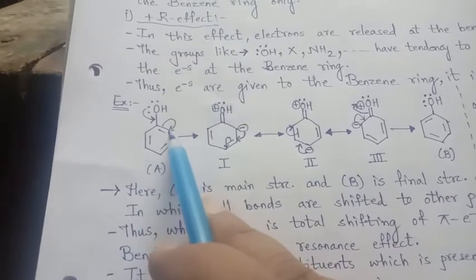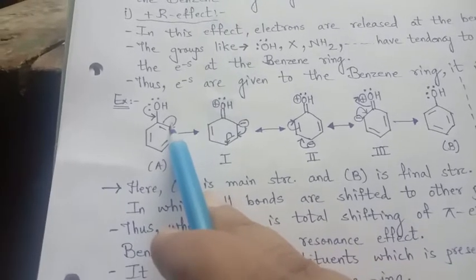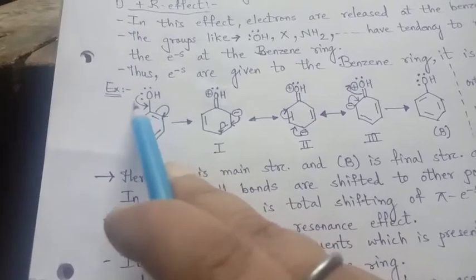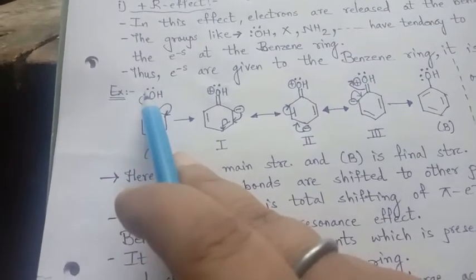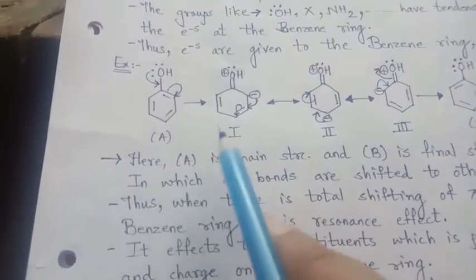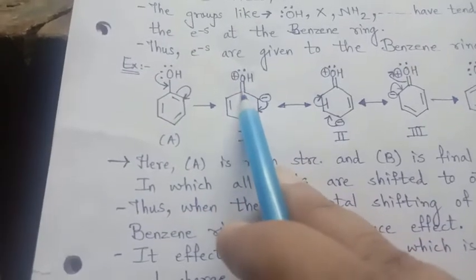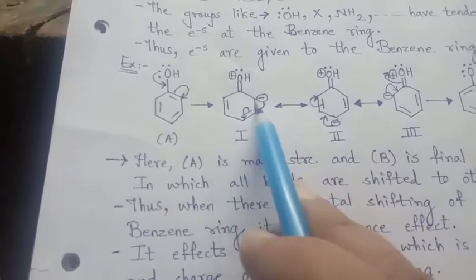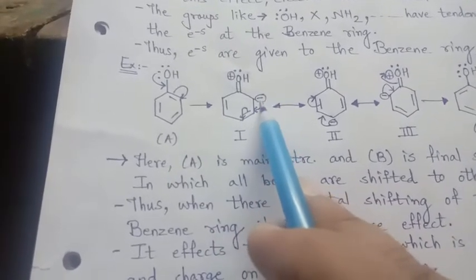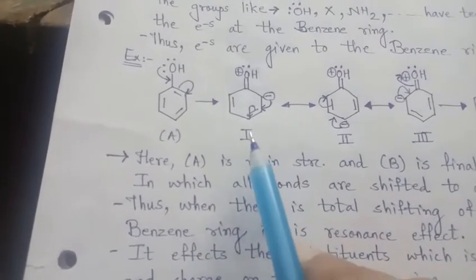Then this carbon acquires a negative charge because it is gaining the electrons. And this oxygen will take a positive charge because it has already donated the electron pair. So see here what takes place: positive charge, the electron pair is converted to a bond, and this carbon is now getting the negative charge. So this is the first form.